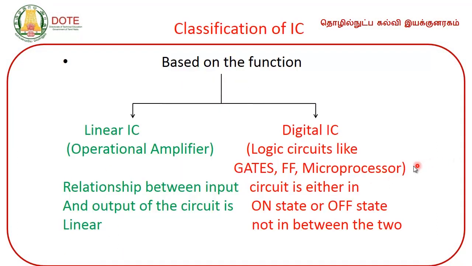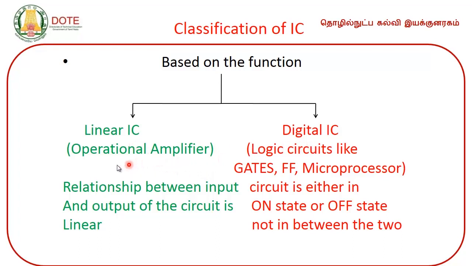That is, transistor acts as a switch, it will switch from cutoff to saturation or saturation to cutoff. Cutoff means off, transistor is off, 0. When you operate the transistor in saturation region, that means 1, right. So off, on state. That is the difference between linear IC and digital IC.